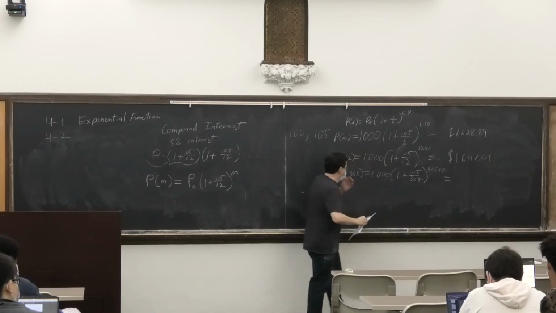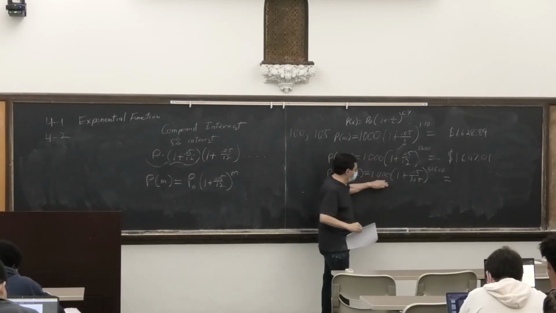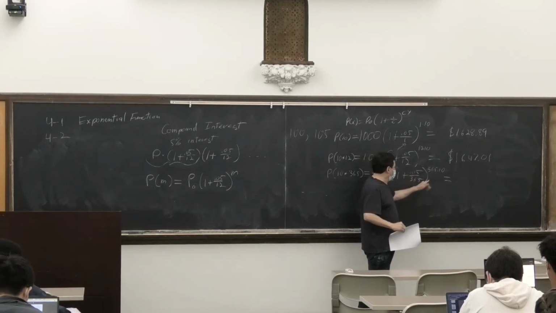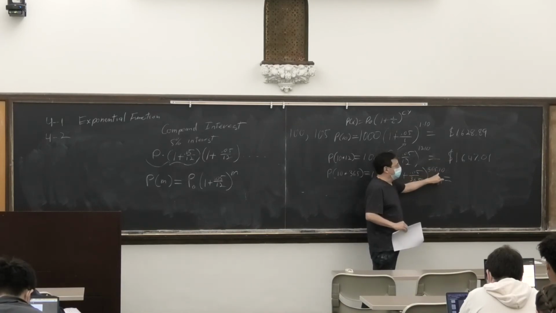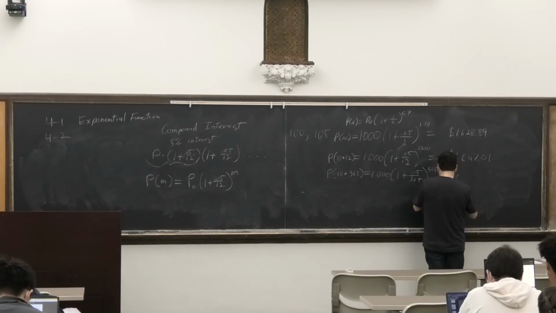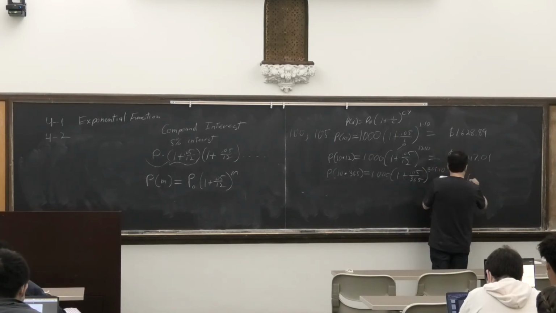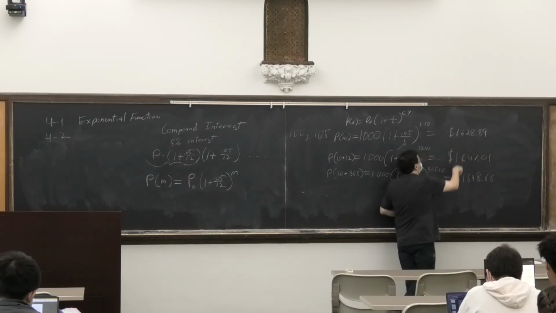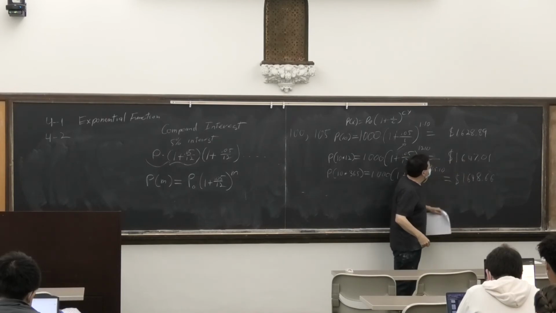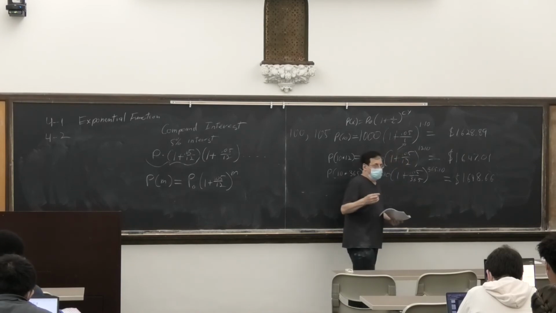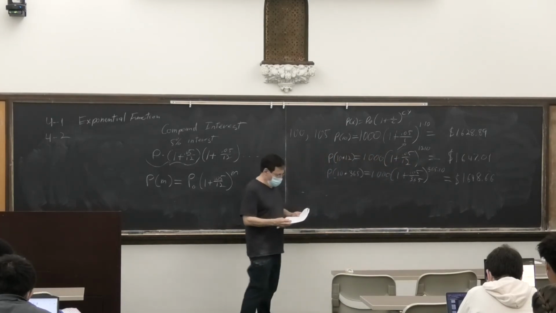Again, we start with $1,000. We multiply it by 1 plus 0.05 divided by 365, and then we raise it to the power of 365 times 10 for 10 years. And we do a little better, but not much. Going from yearly to monthly, we made another almost $20. Now we just make $1. So there's diminishing returns here.